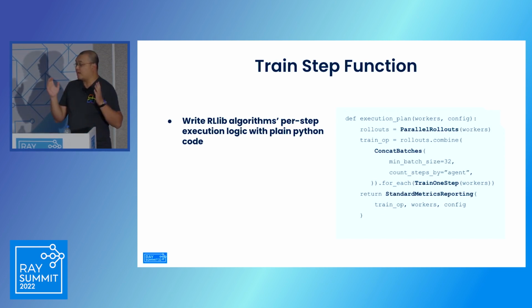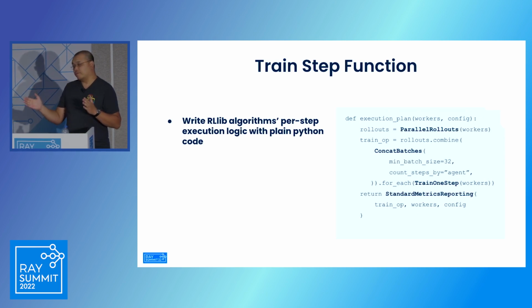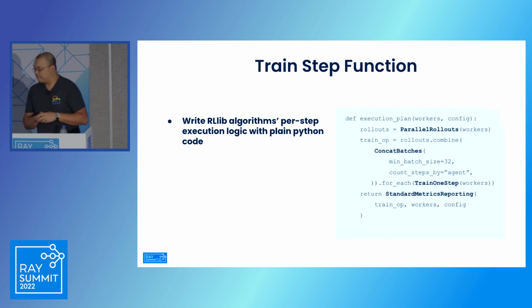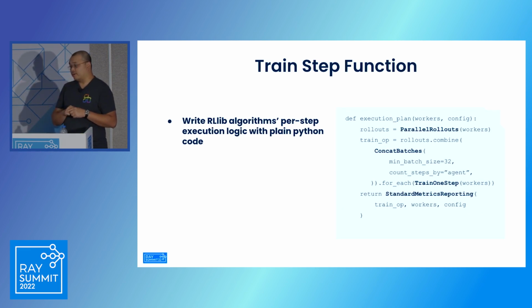It actually has its upside. For example, these operations are written by the RLlib team, so they are super optimized. In terms of efficiency, they may be a little better. But the downside is also very obvious.